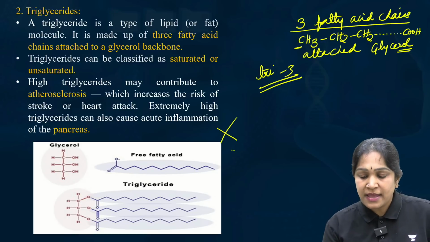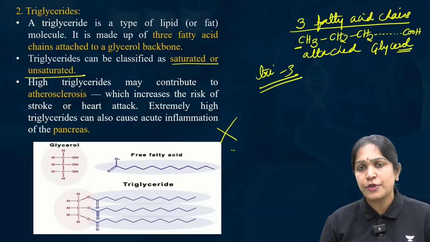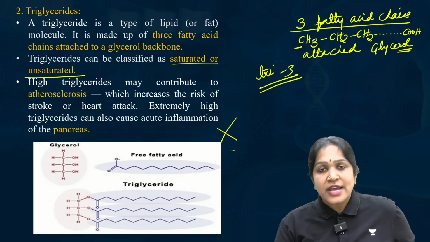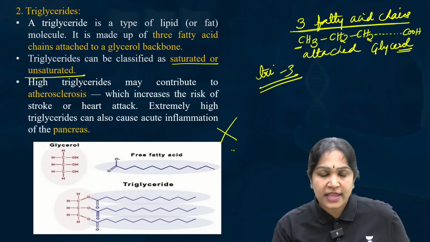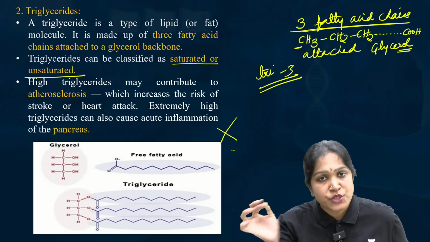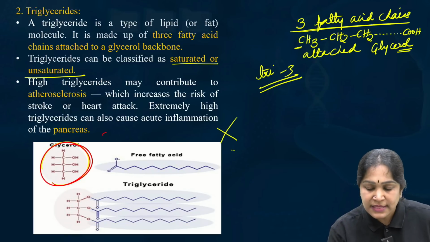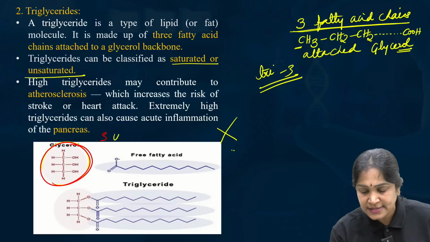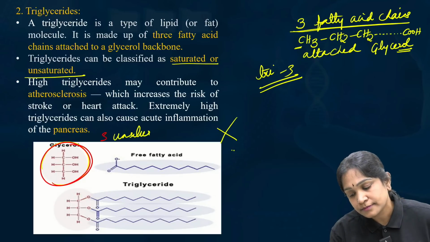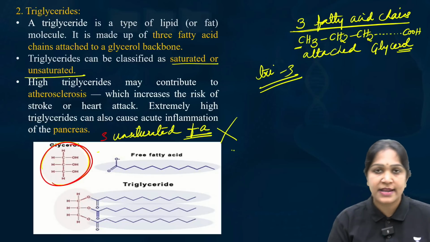They can be categorized as either saturated or unsaturated. What do you mean by this? A triglyceride is 3 fatty acid chains added to the glycerol. If we add 3 unsaturated fatty acids to this glycerol, then they are called unsaturated triglycerides.